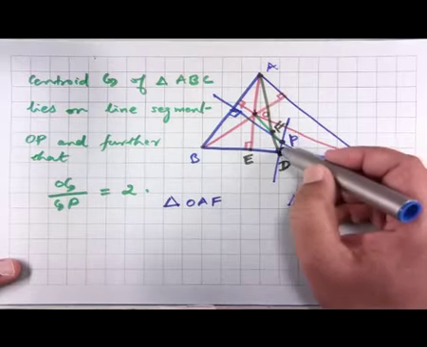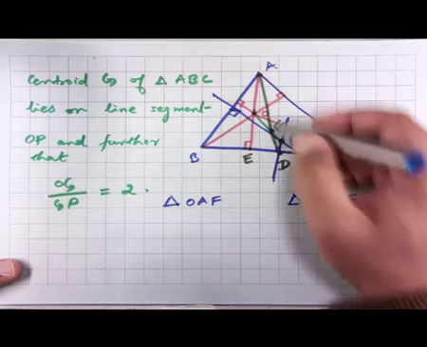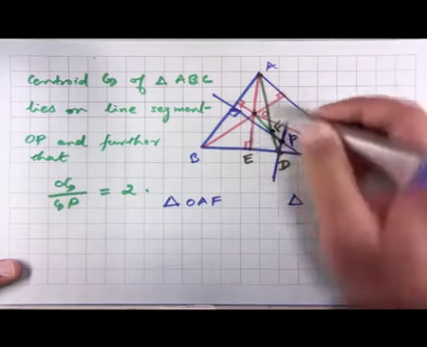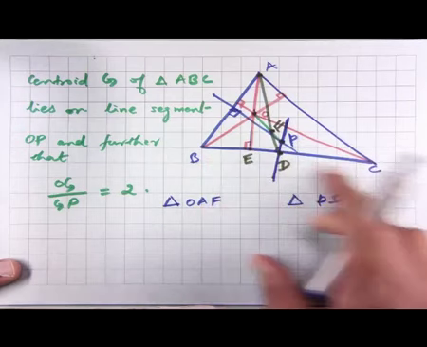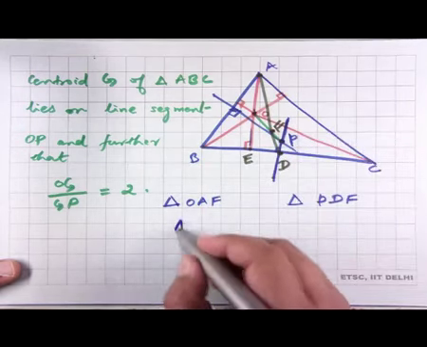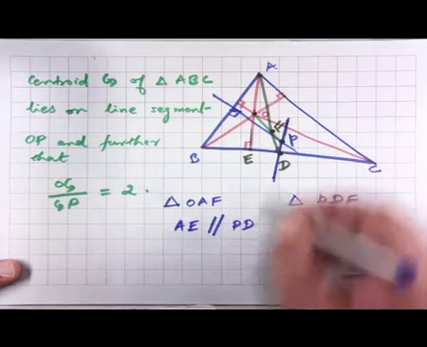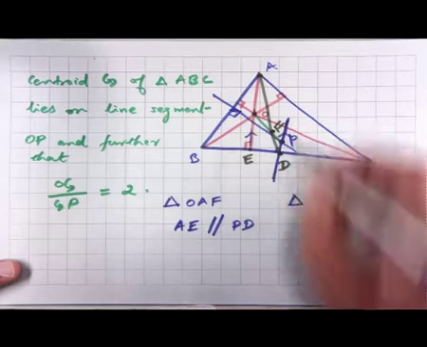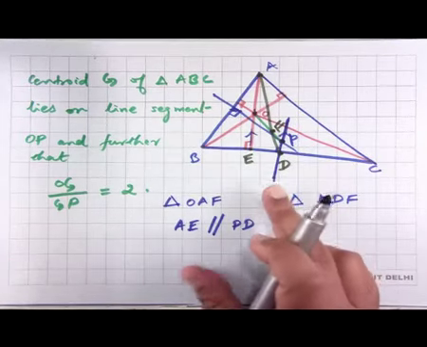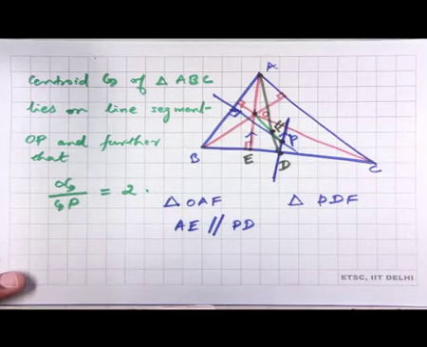Now, since both this blue line and this red line are perpendicular to this line BC, it is clear that AE is parallel to PD. So, these two are parallel because both of them are perpendiculars on this side BC of the triangle ABC.